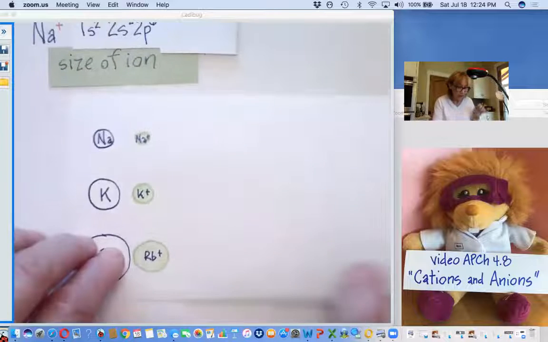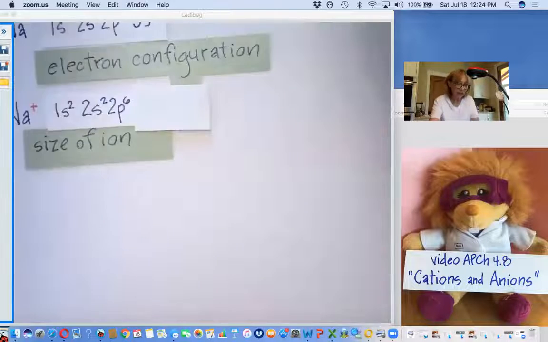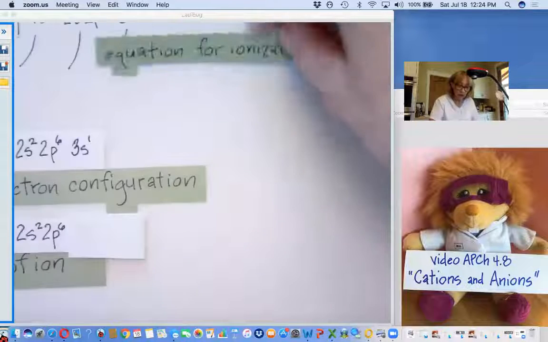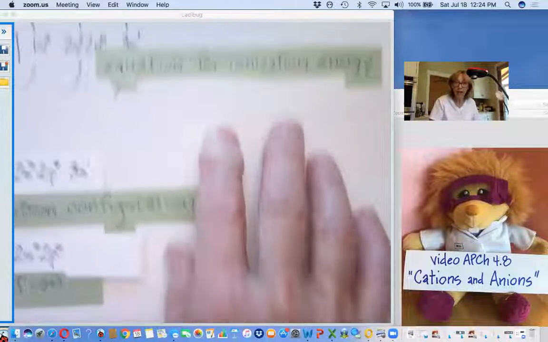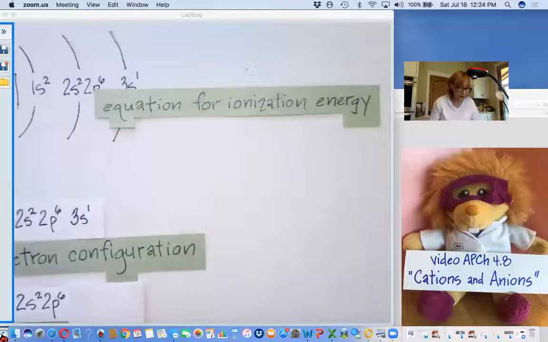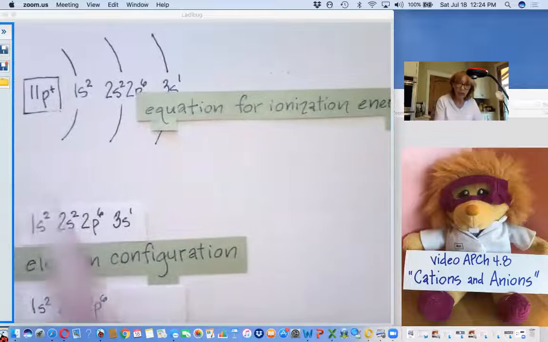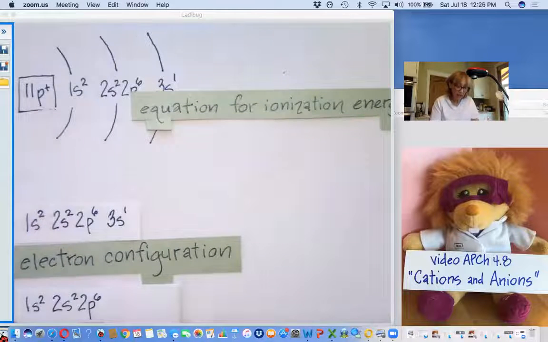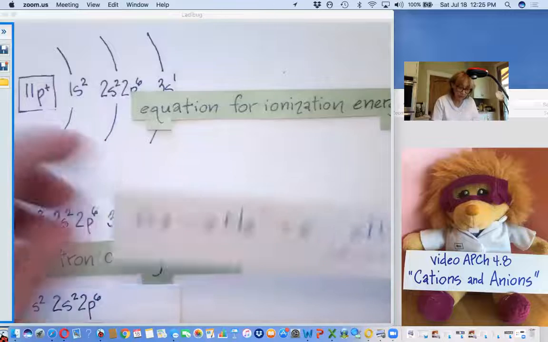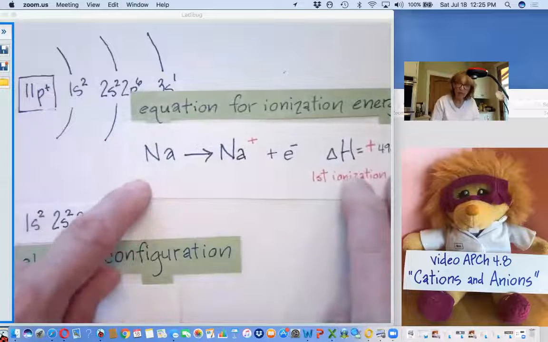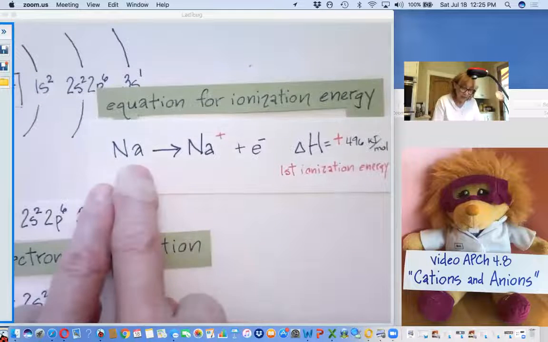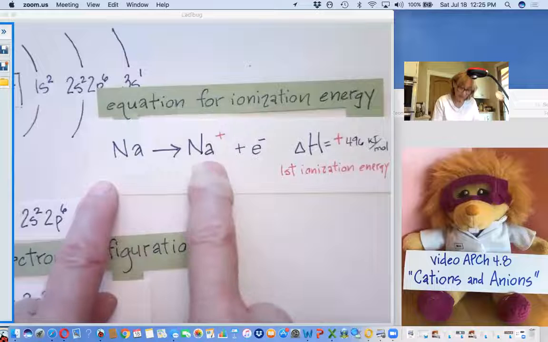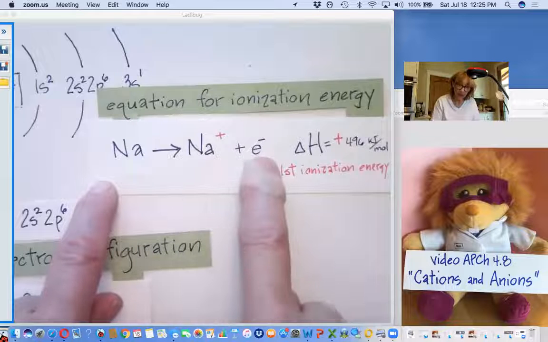Okay, one more thing I'd like to talk about. I'd like you to be able to write an equation for ionization energy. So again, if we're considering our sodium atom, when ionization energy was applied, the atom turned into a cation by losing 1 electron.